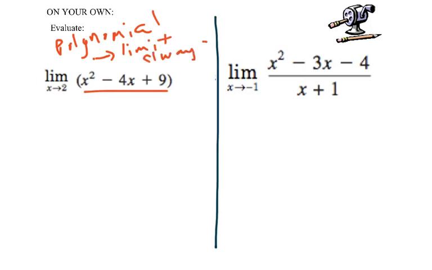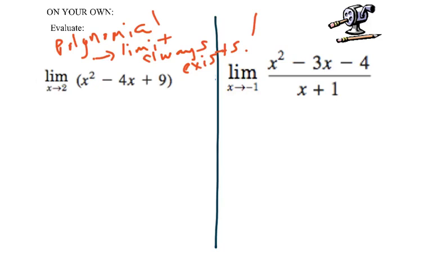Why is that? Well, there's no denominator. There's no possibility of having a 0 in that denominator. So therefore, you're always going to come up with a real number expression, and therefore you're always going to get some sort of output value for your limit.